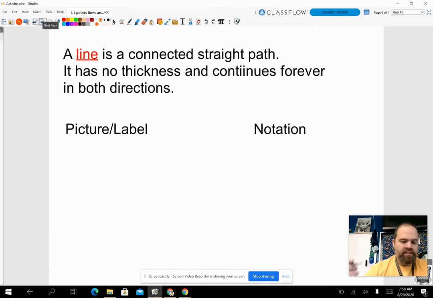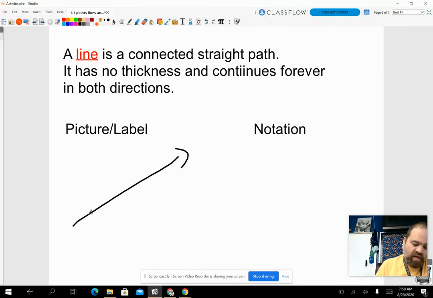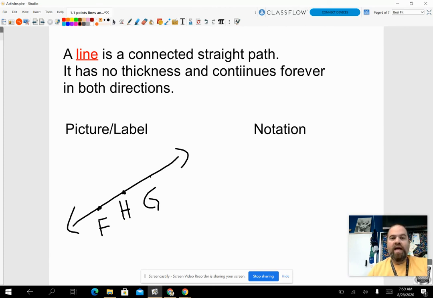Last but not least, a line is similar to a ray, but it goes on forever in both directions. These are not endpoints. The F and G here are not endpoints for this. They are just points on the line. I could very easily put a third point in here and name that line multiple different ways.